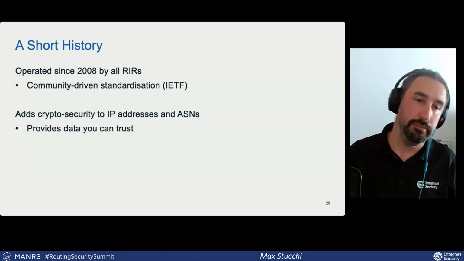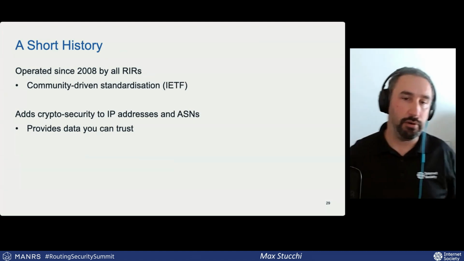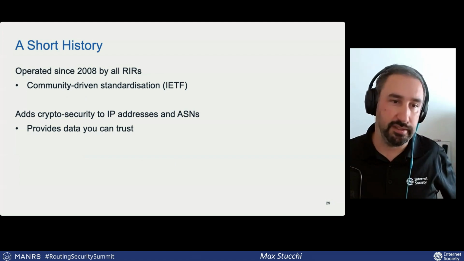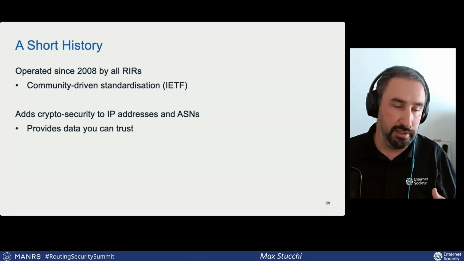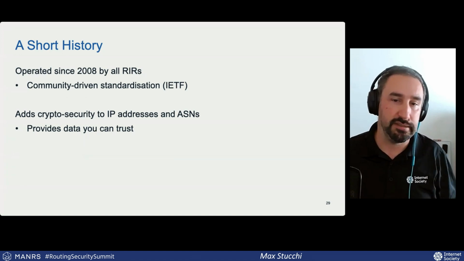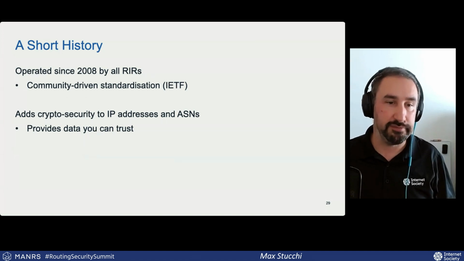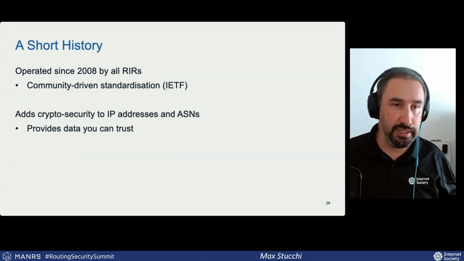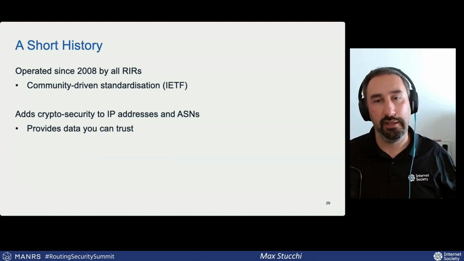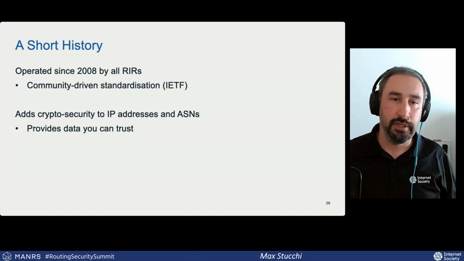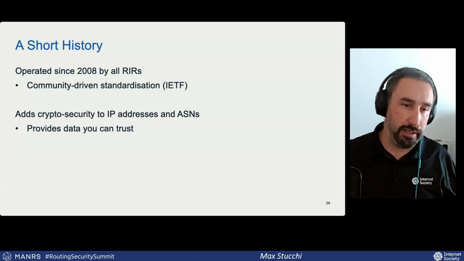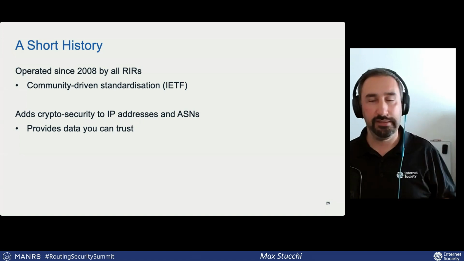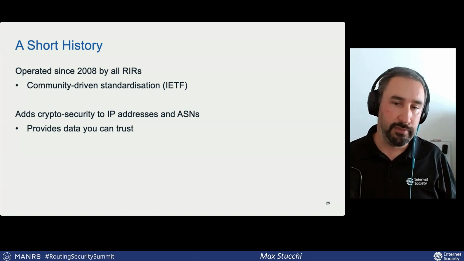So since 2008, all the regional registries started operating RPKI, which comes from standardization from the IETF. The idea is to take what we have in the IRR and add a way to verify that the data is trustable.